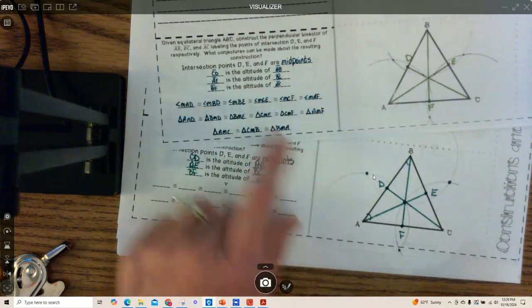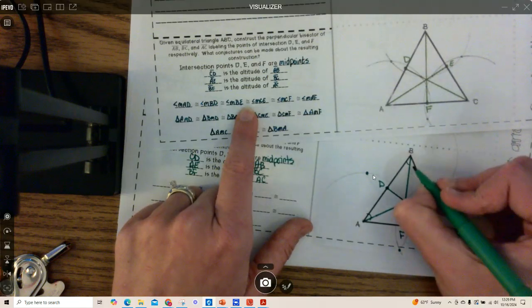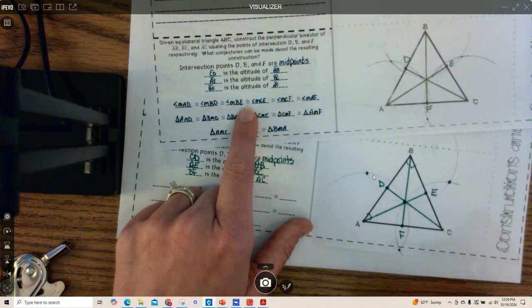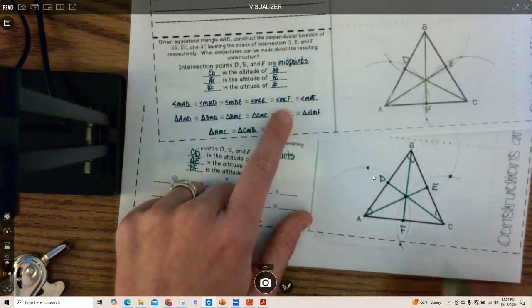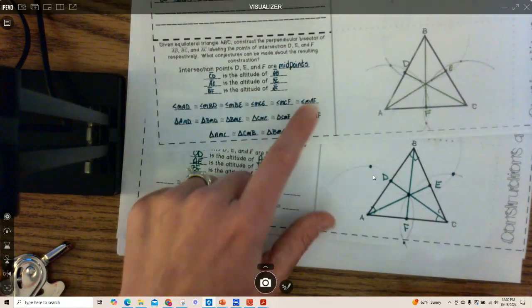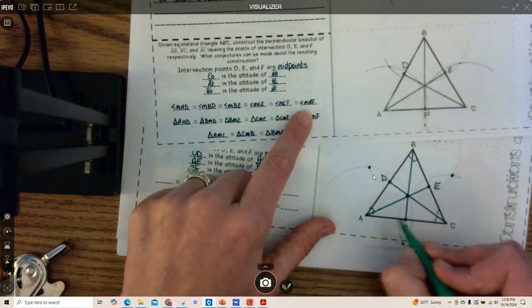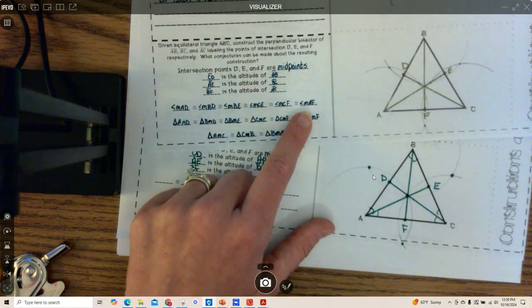All of these equivalencies occur. And that's equal to MBE, that angle. It's equal to MCE, that angle. It's equal to MCF, that angle. And then MAF. So all of these little angles that are created, they're equivalent.